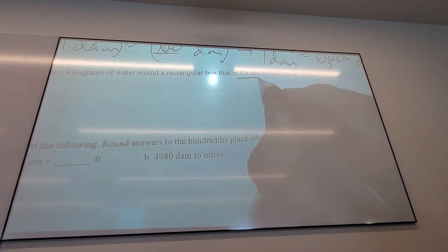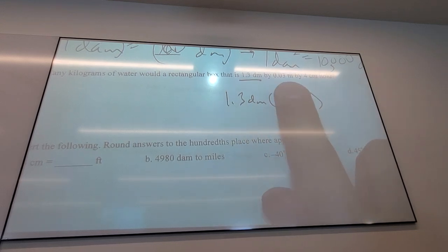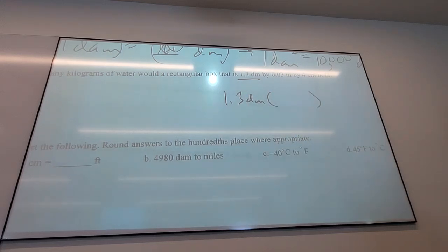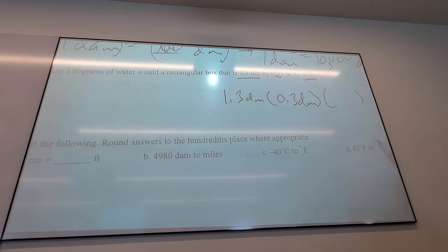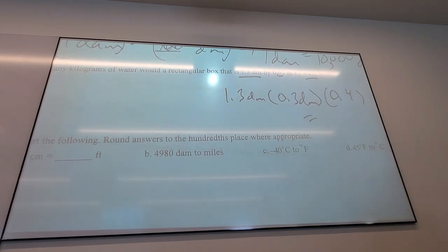So this is already decimeters. Thank you, thank you. How do you convert this to decimeters? If you go from meter to decimeter, you have to move how many times? Once to the right. And then I want to go from centimeters to decimeters. I gotta go once back, yes? And then, whatever that is.